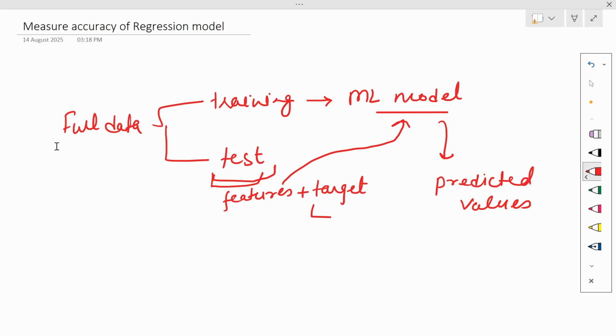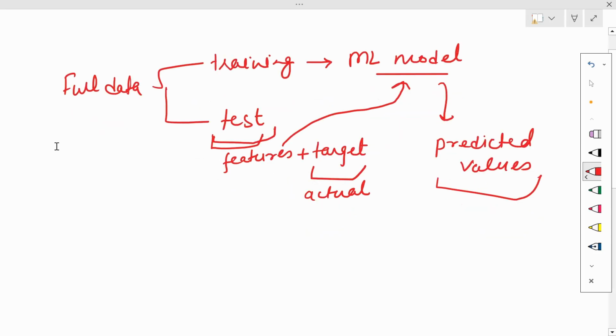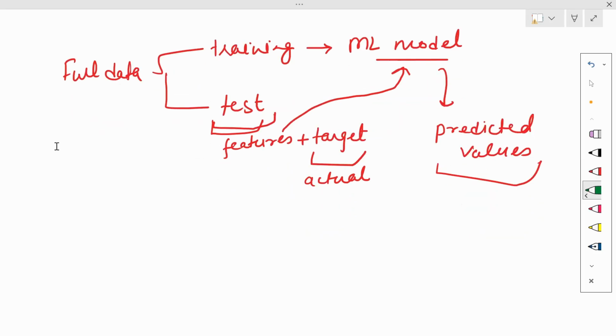One is the actual values, and these are the predicted values. Now to measure the accuracy of this particular model, we need to compare these values. And from that, we can tell how well our model is performing.